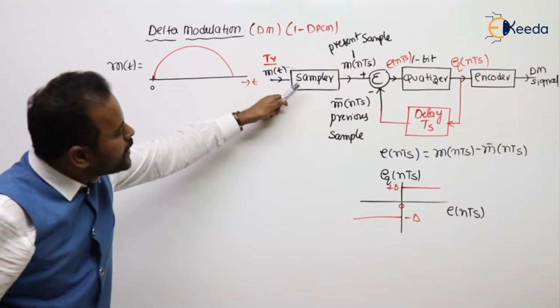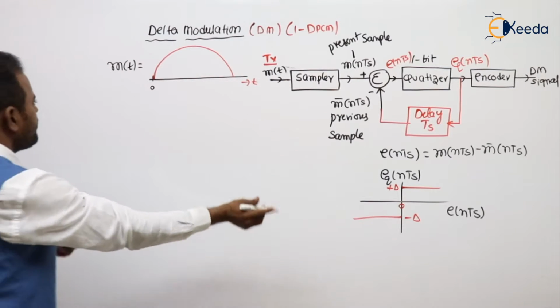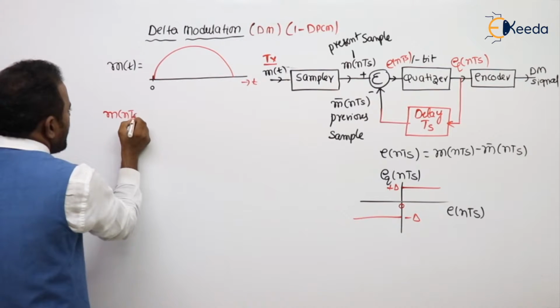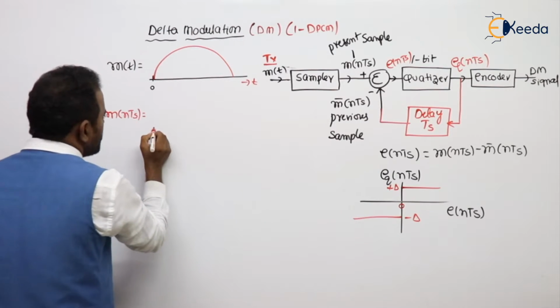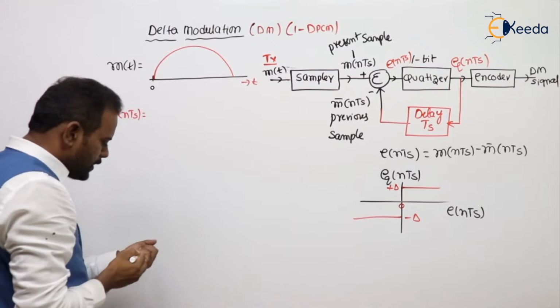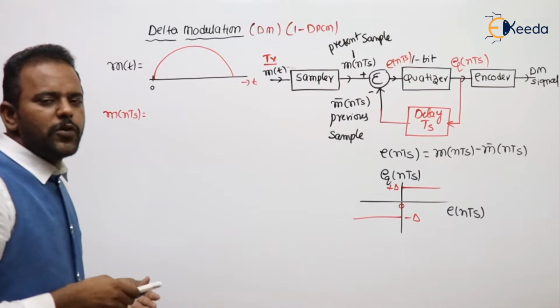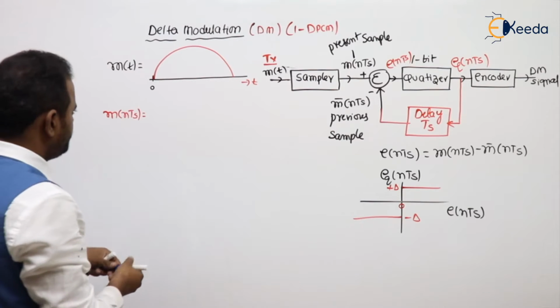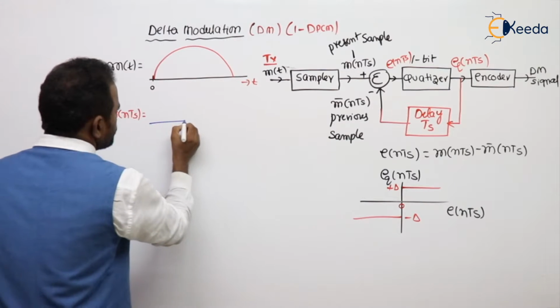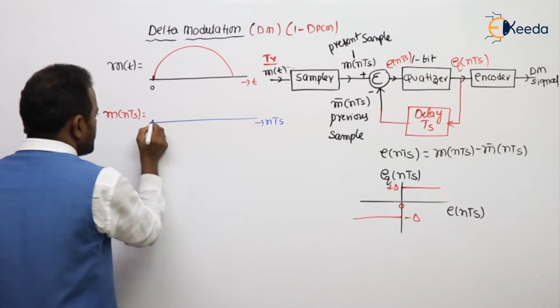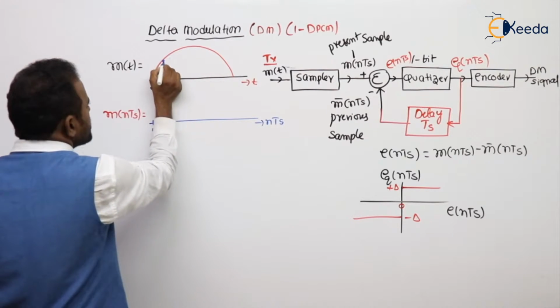This is given to the sampler. What is the sampler output? It is m of nTs. The sampler will give you the samples. For example, if the sampling interval is Ts, this is nTs.